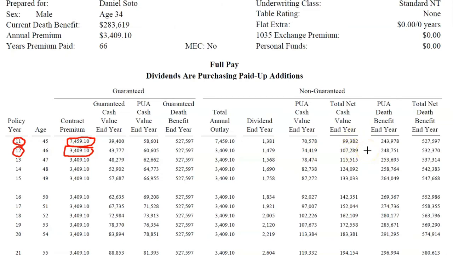So you're looking at, let's look at it, the total net cash value in the non-guaranteed. So let's say it's 99,382. So that's 7,907. So let's just call it $7,900.